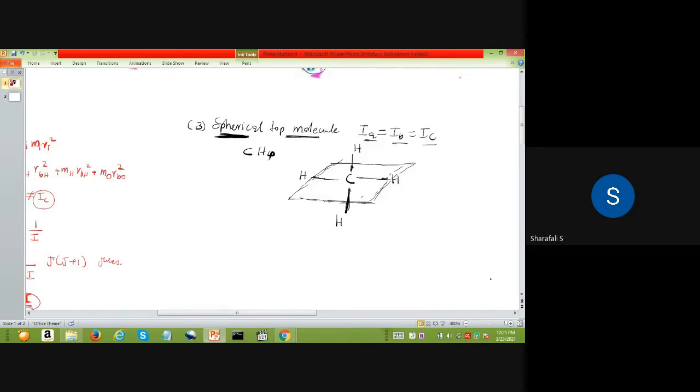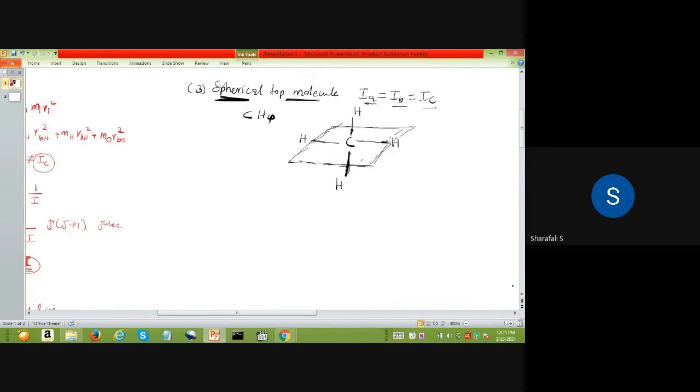Even if you rotate those molecules, they will have the same kind of structure, the same kind of symmetry. And the fourth one is the asymmetric top molecule.